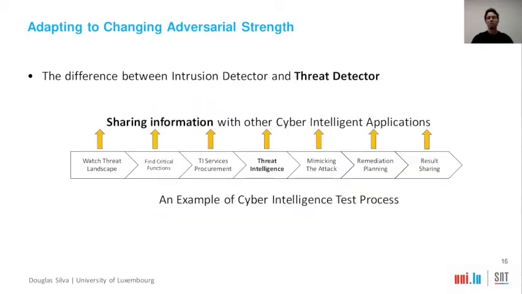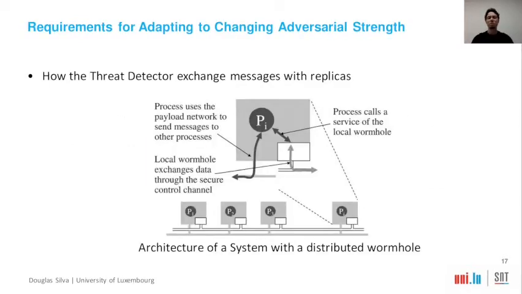But the threat detector works on a different scale because it has many more stages, as I said, with many specialized teams. The difference is also that in every stage, it can share information with other applications connected to these cyber threat intelligence frameworks, and their goal is to have a real-time response really soon.